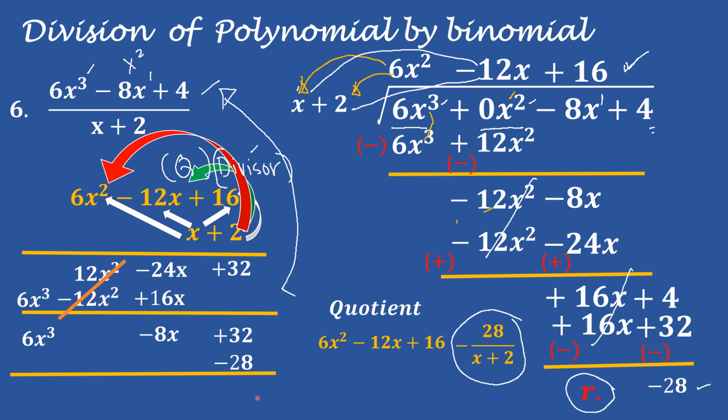So to simplify further, positive 32 plus negative 28 will give us positive 4, because 32 is bigger than 28. So therefore, the 6x squared minus 12x plus 16 is our correct quotient because we were able to get our dividend.